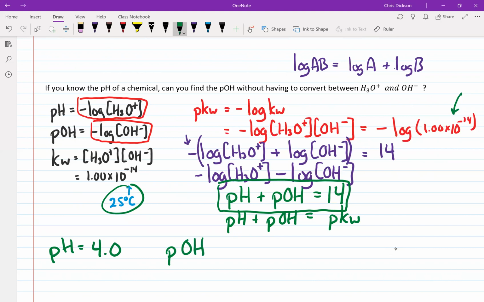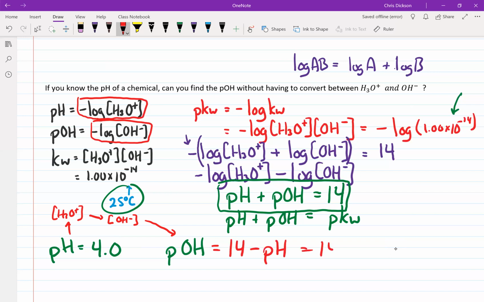One way would be very time consuming: find the hydronium using the anti-log formula, then use the KW formula to find the concentration of hydroxide, and then negative log that. But why not just use this new formula, where the two numbers have to add to give you 14? So the pOH would be 14 minus the pH, which is 14 minus 4, which is 10.0.